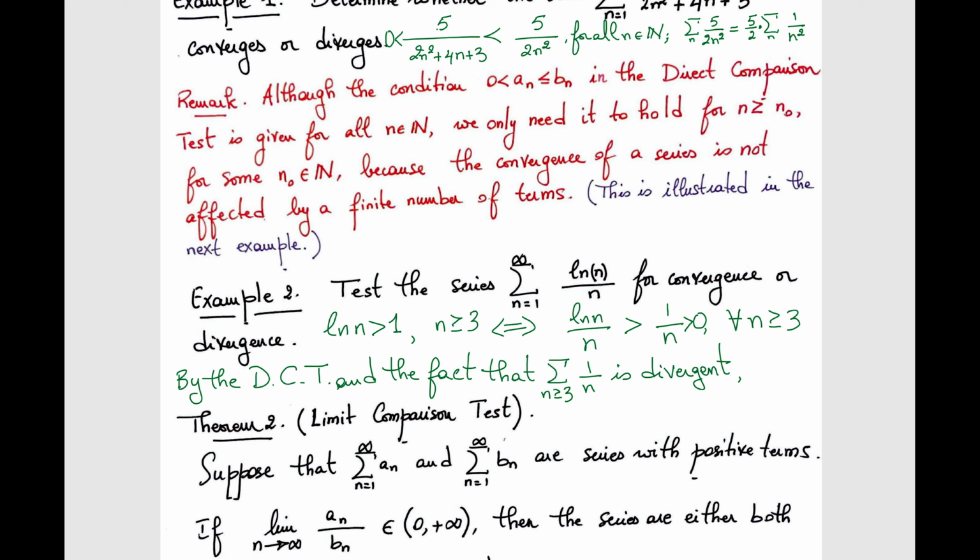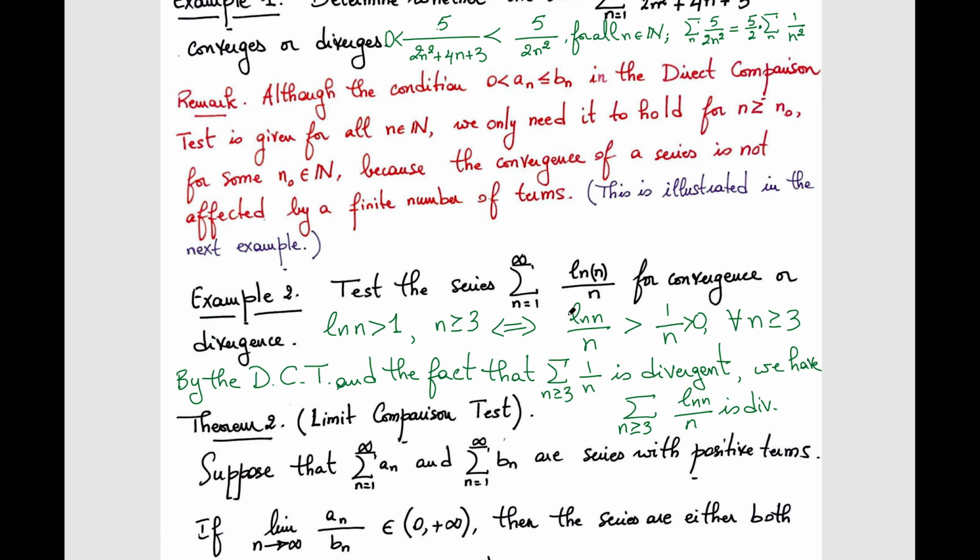What do we get? We infer that this series is divergent, correct? And if this is divergent, this means this is plus infinity, correct? This means this is plus infinity because all these terms are positive in this context.